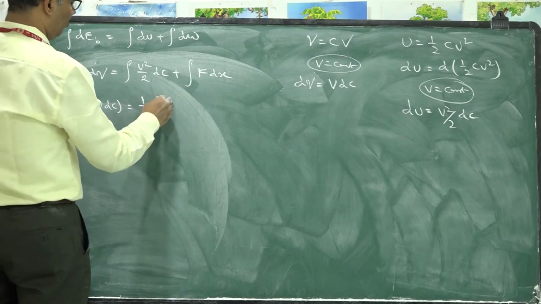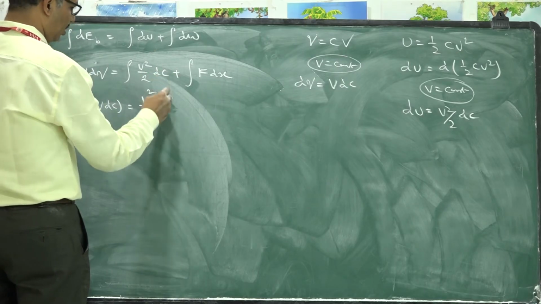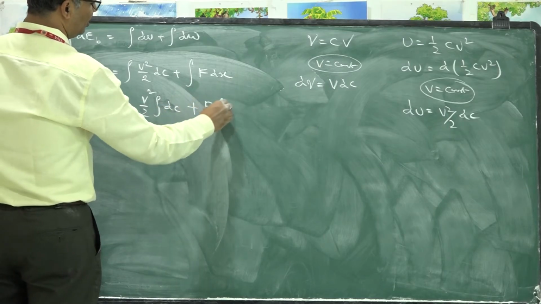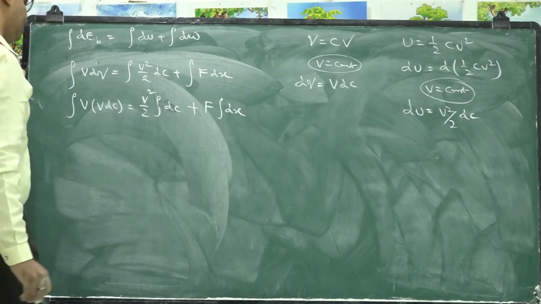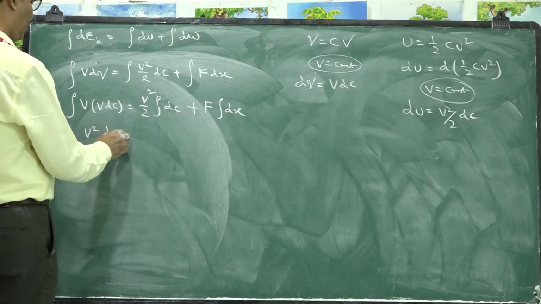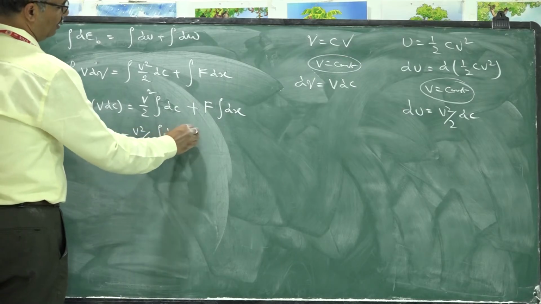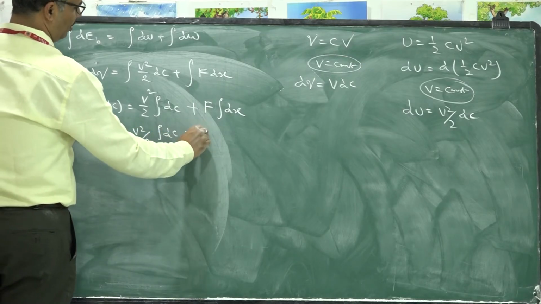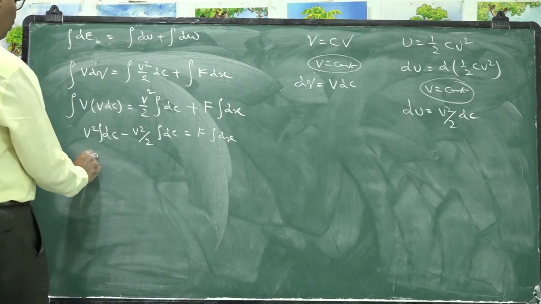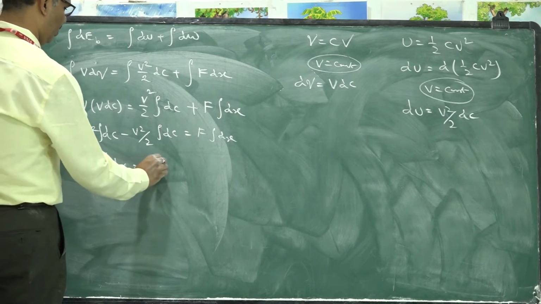Half into integral, as potential is constant, integral dC, F is constant, integral dx. It becomes V square integral dC minus V square by 2 integral dC is equal to F integral dx. So finally F integral dx is equal to V square by 2 integral dC.